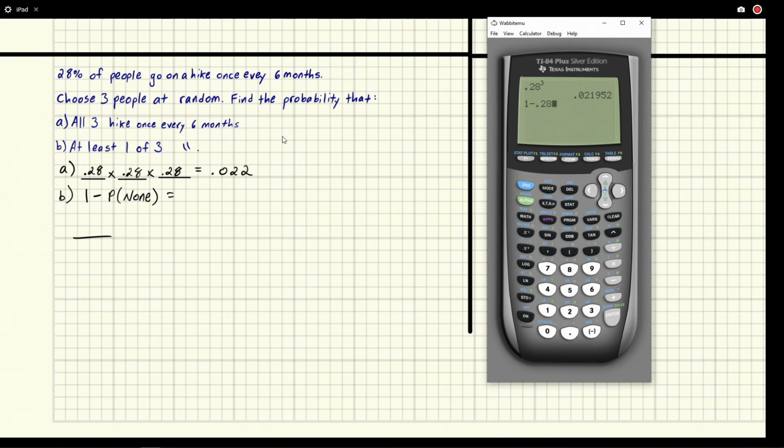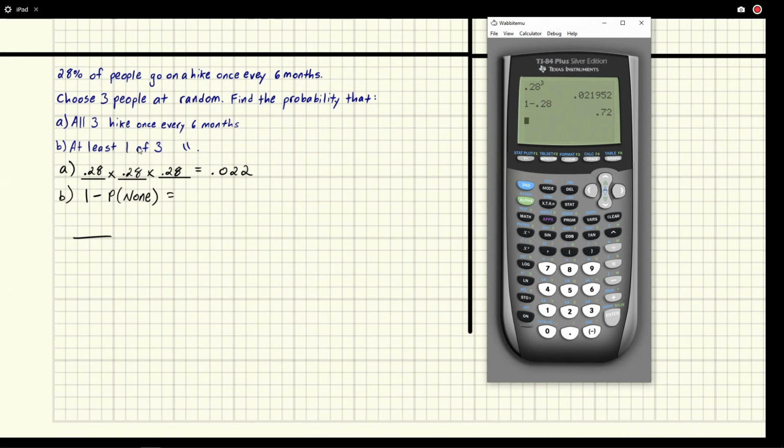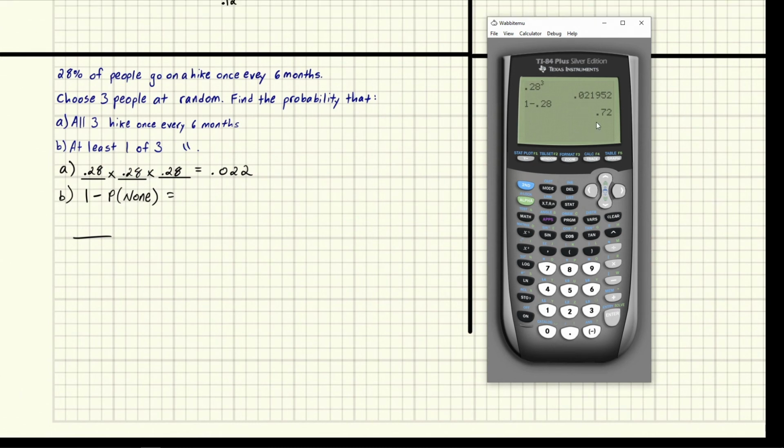It's the exact same thing, the complement. This is just an easier case of the complement. If we take all of it and remove the people that hike, what we're left with is the people that don't do it. Just like here, we took off all the conditions that meet this, so this is the one condition not met. If we have 100% and take this off, we'll be left with the cases where at least one hikes. So at 0.72, none means the first person doesn't, and the second person doesn't, and the third person doesn't.